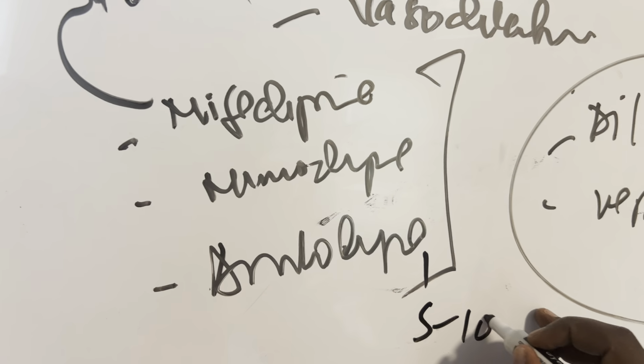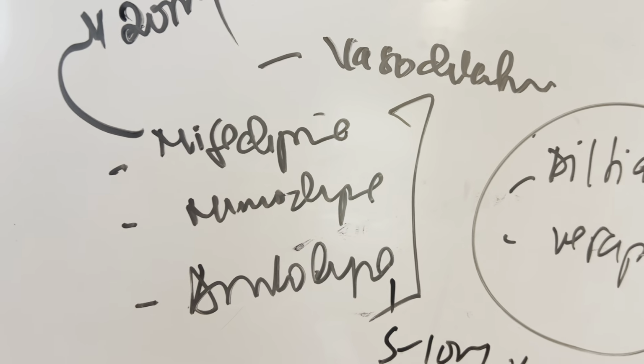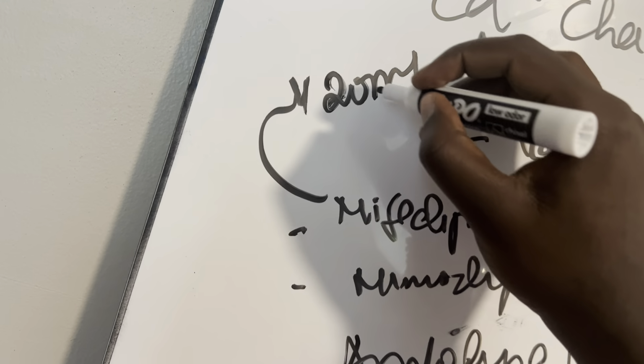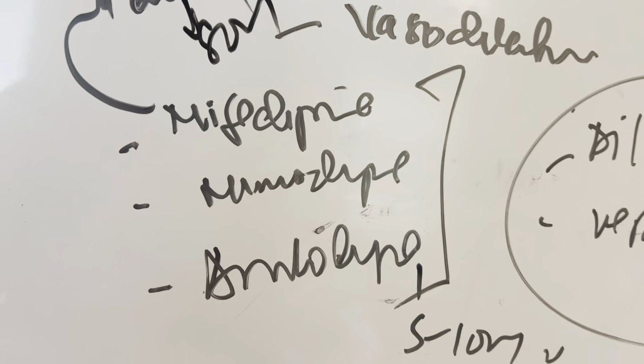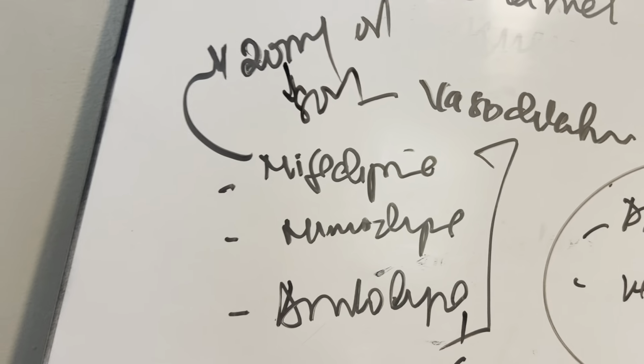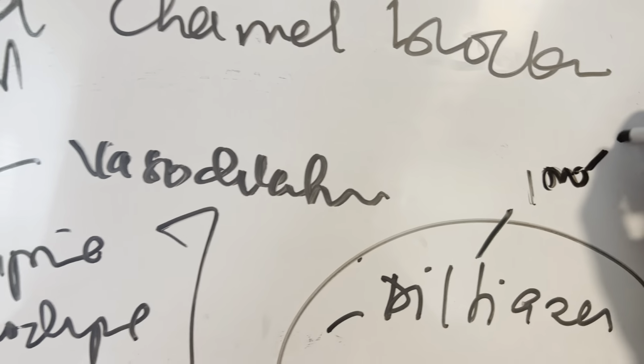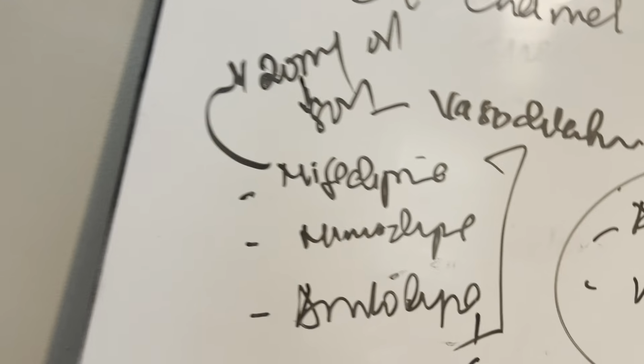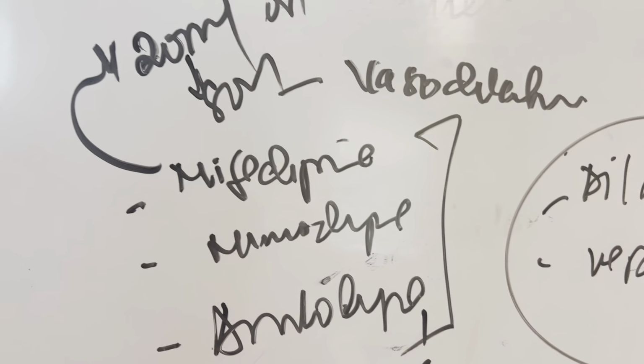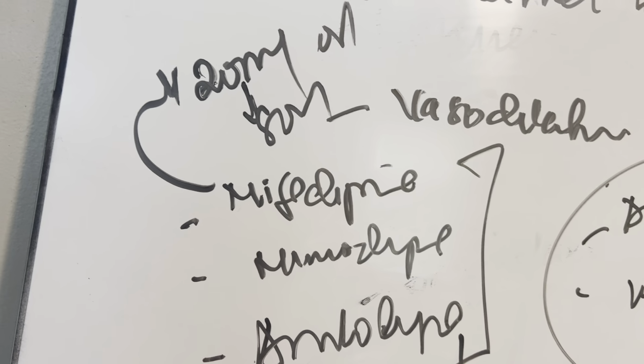Nifedipine can be given up to 80 milligram, and diltiazem can be given from 120 to 320 milligram doses. Side effects: they may cause constipation, especially this group of nifedipine and amlodipine, headache, and bradycardia.